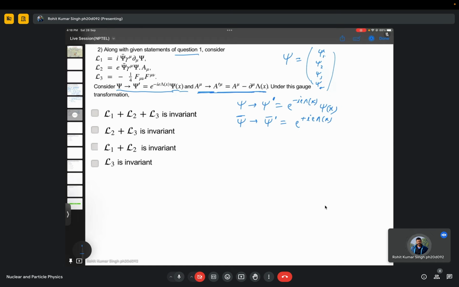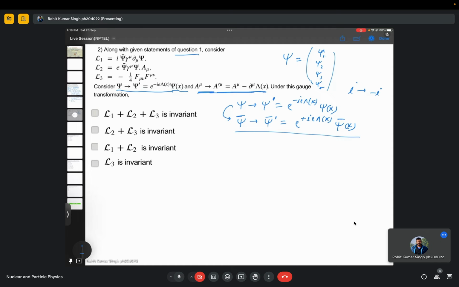So here the negative sign in the exponential will now be positive. This you have to find out yourself in this problem. This is not given, but this will be true, right? If you take the Hermitian conjugate, minus i will become plus i, i goes to minus i.